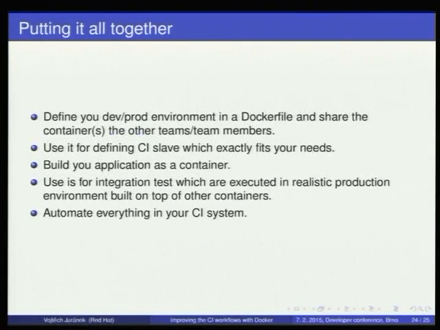So that's basically all. To sum it up, you can put everything together. Just define your development environment, which is as close as possible to production. Build it as a container and push it into the Docker registry so you can easily share it with the rest of the team or other teams, and use this also in your CI environment as a build environment. Build and test your application in these Docker-based slaves, and do the same with your whole application.